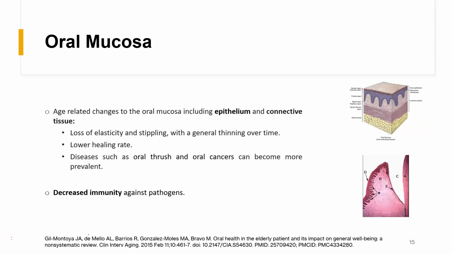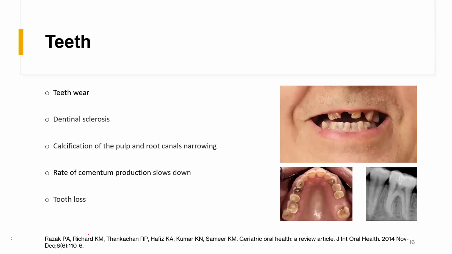Also, with age, there is a lower healing rate for the mucosa, and diseases such as oral thrush and oral cancers can become more prevalent. Now, these changes result in decreased immunity against pathogens, which renders geriatric patients more susceptible to oral infections and several oral diseases.